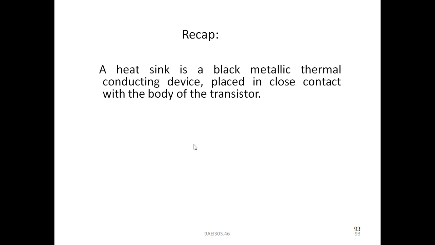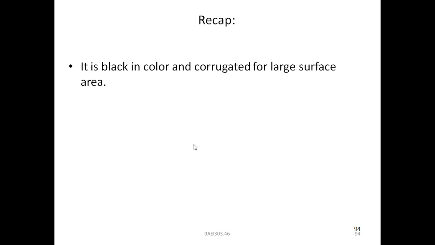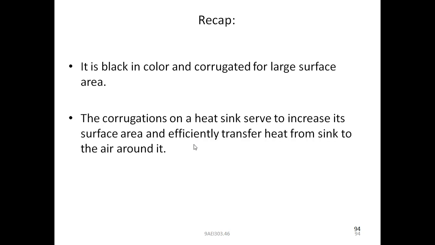Let us recap. A heat sink is a black metallic thermal conducting device placed in close contact with the body of the transistor. It is black in color and corrugated for large surface area.